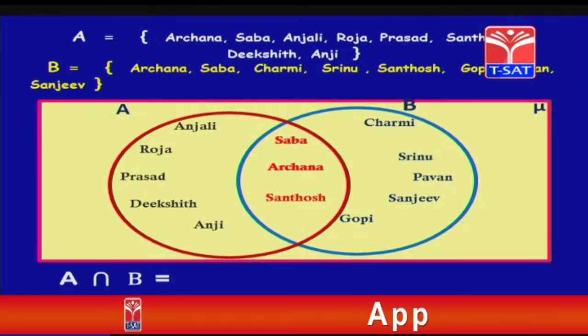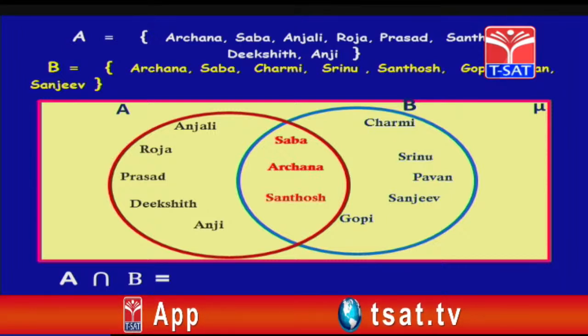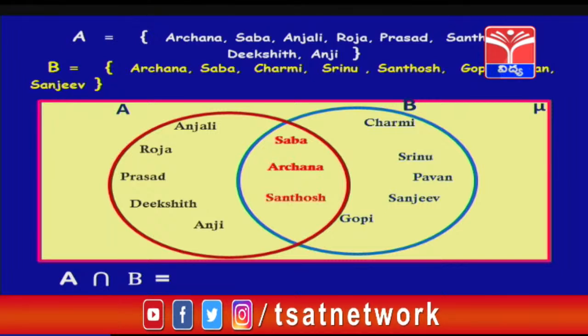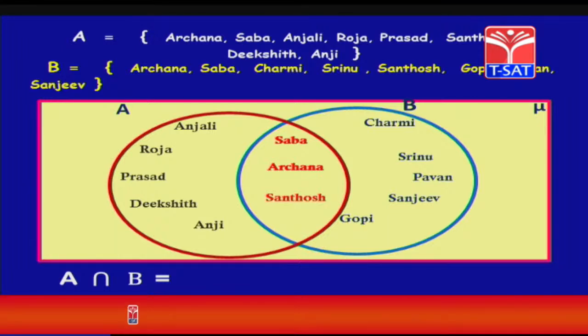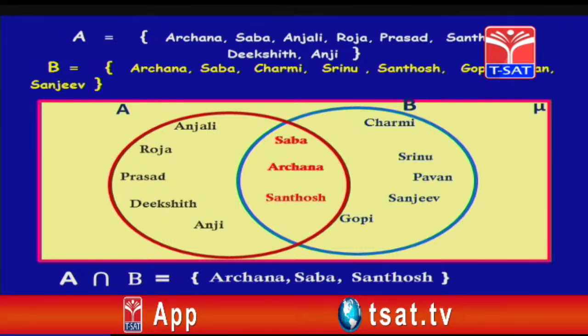I want to write the set of common elements of the two sets. Sabha is there in A, Sabha is there in B. Archana is there in A and Archana is there in B. Similarly, Santosh is there in A, Santosh is there in B. So let us list out the common elements: Archana, Sabha, Santosh.